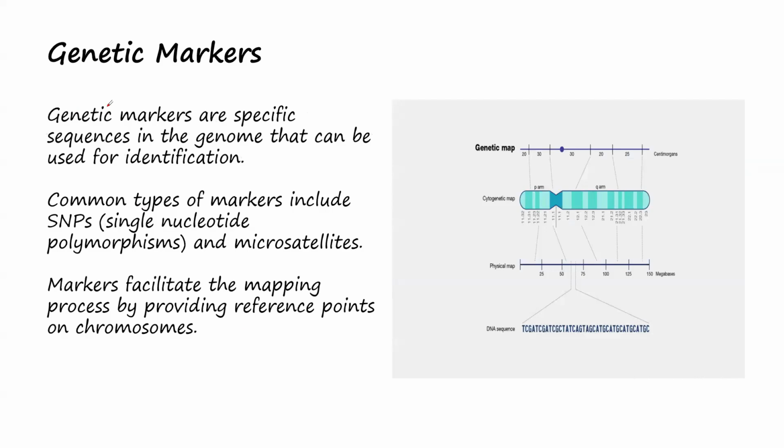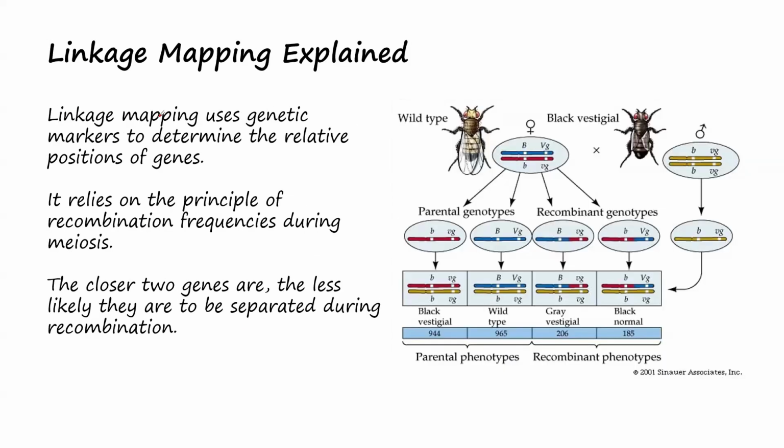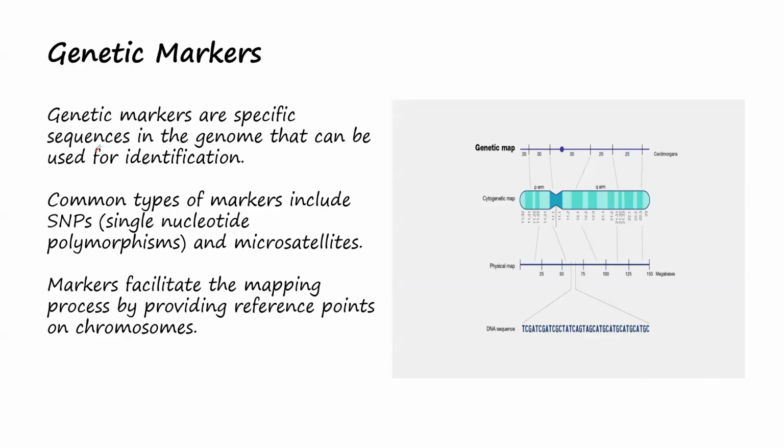Now, what are the genetic markers that are used in determining the relative position of the genes in linkage mapping? These genetic markers are specific sequences in the genome that can be used for identification.